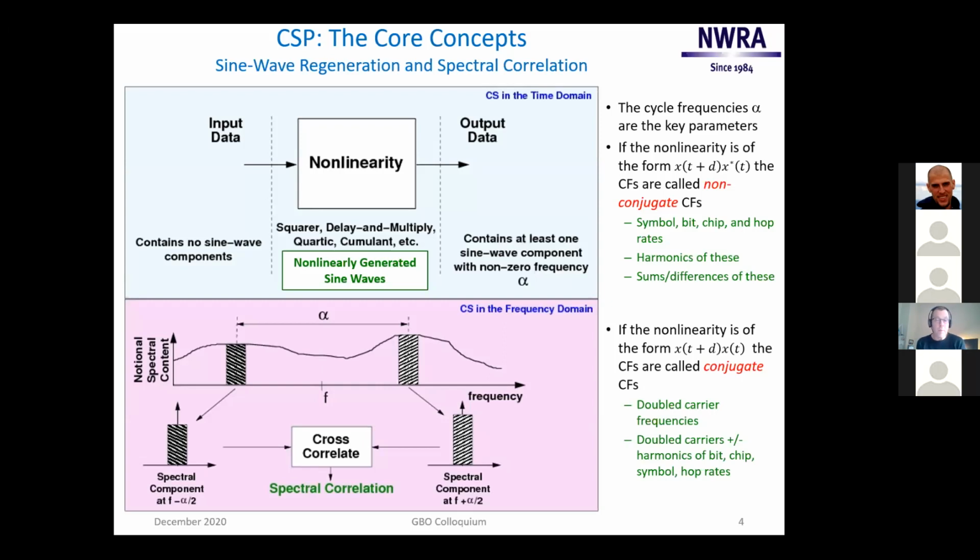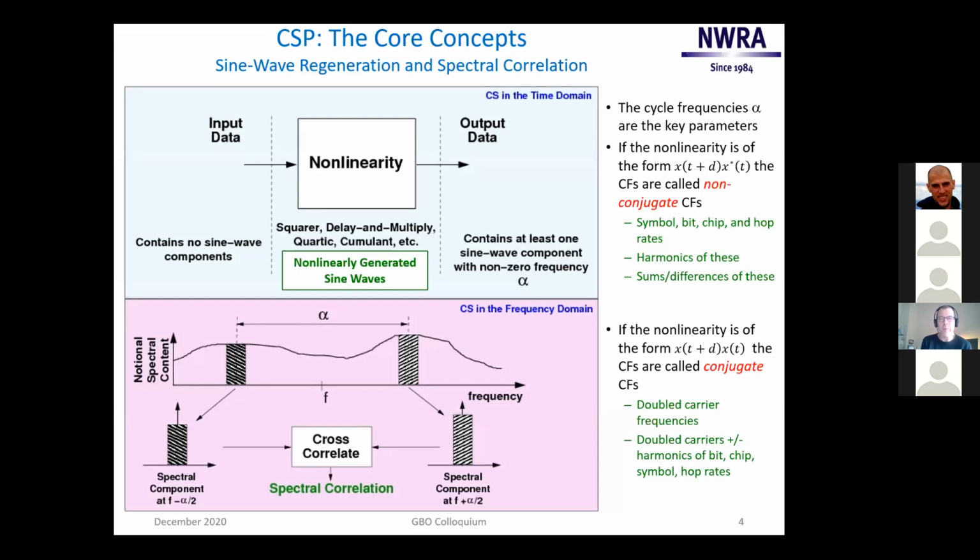In the frequency domain, on the lower part of this cartoon, the CS property means if you look at distinct subbands of a signal or some data, they contain correlated information. The information is somehow redundant between those two bands. In the time domain, when we're squaring or raising to the fourth our signal, we get out sine waves with certain frequencies.